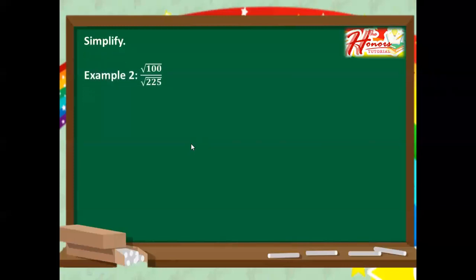We have here example number 2. So we have here square root of 100 over square root of 225. So this is our solution. Let's write solution here.